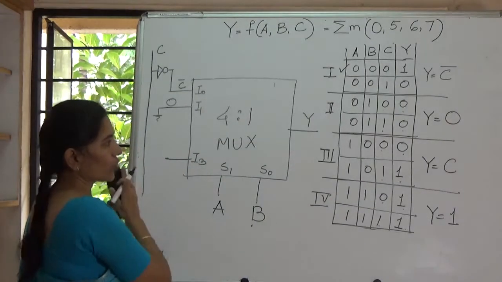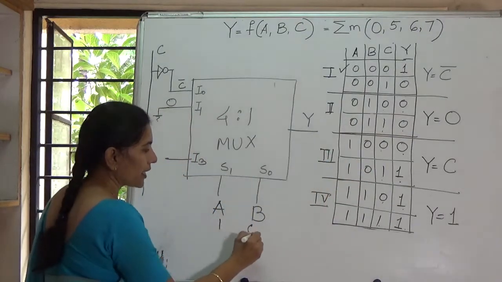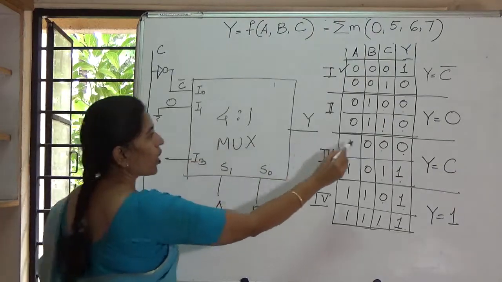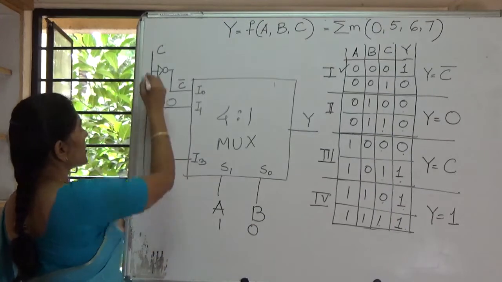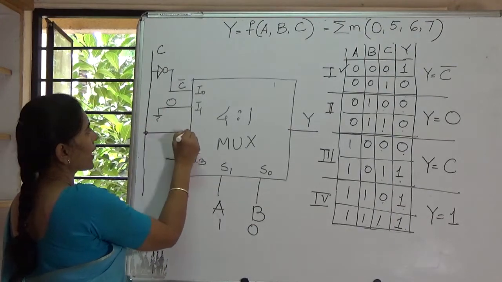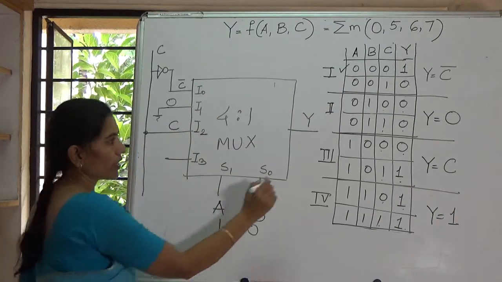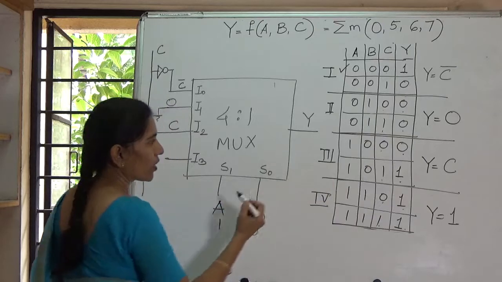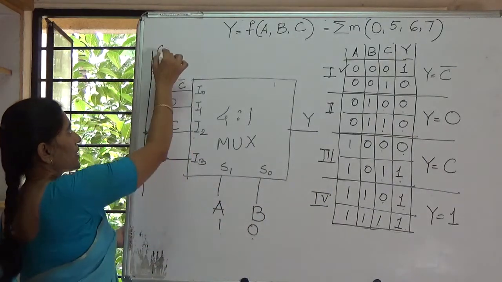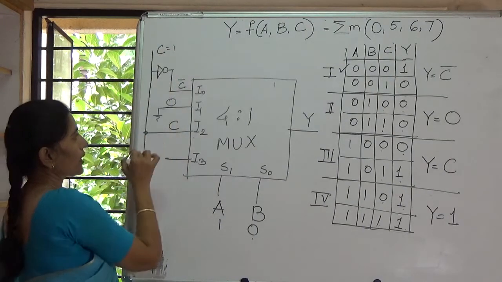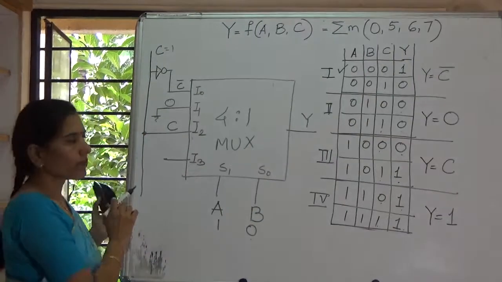If we go to the third group, that is when A is a 1 and B is a 0, in that case we want output Y to be equal to C. So we simply connect the C input to the I2 line so that it is equal to C. So if the combination is, let's say, 1, 0, 1, what will happen? 1, 0 will select the I2 line, but on C we have given a 1. So this 1 comes to I2 and this 1 gets transferred to output Y.